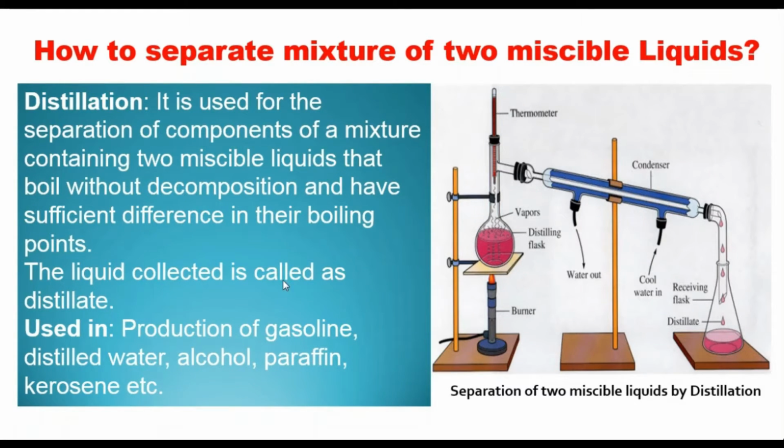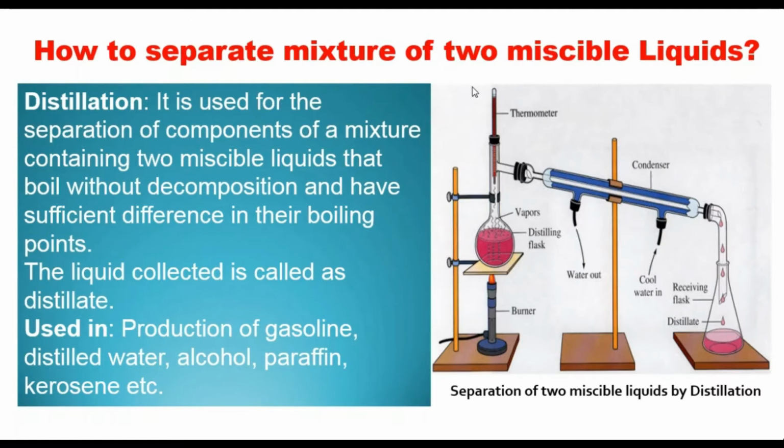Now the liquid which is collected is known as a distillate. Means now the acetone is separated from the water, right? Because water has a boiling point of 100 degrees Celsius and acetone has a boiling point of 56 degrees Celsius.